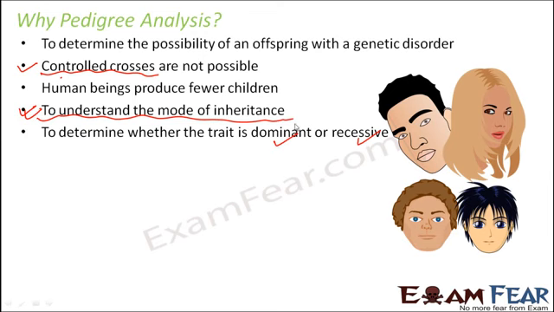Because if you know that the trait is dominant, that means even if you get it from one of your parents, you will be affected with the disease. Suppose the gene which is carrying a particular disorder is a dominant trait, that means even if you get it from one of your parents, you might be an affected individual. But if it is a recessive trait, you will get the disorder only when you inherit it from both your parents. Right? So that means it helps to know if the trait is dominant or recessive.